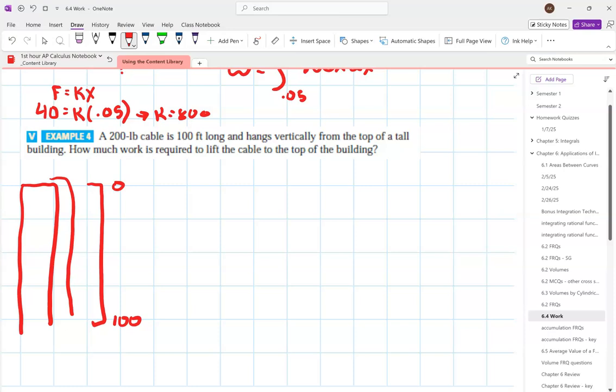Any little tiny section of this is going to be my delta x, and I'm going to pick some specific x here. What I need to do before I start, though, is figure out how much each little section of cable weighs. So how much does any section of cable weigh? Yeah, like 2 pounds per foot, right?